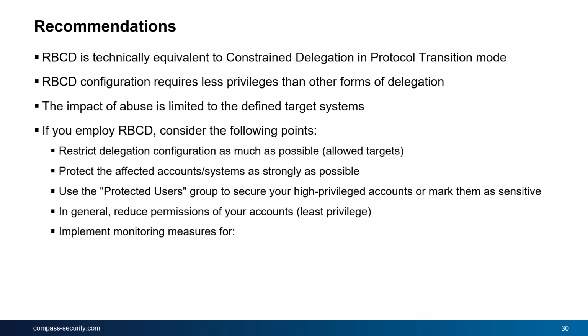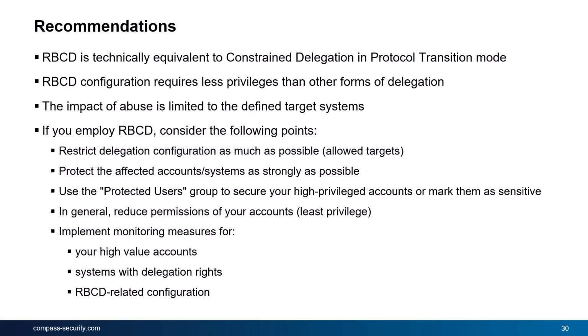And then lastly, also consider implementing monitoring measures, specifically in the context of RBCD for your high value accounts, for any system that has delegation rights configured, and for specifically RBCD related configuration, because it's much more likely that this will occur, since it requires fewer privileges than the other forms of delegation.